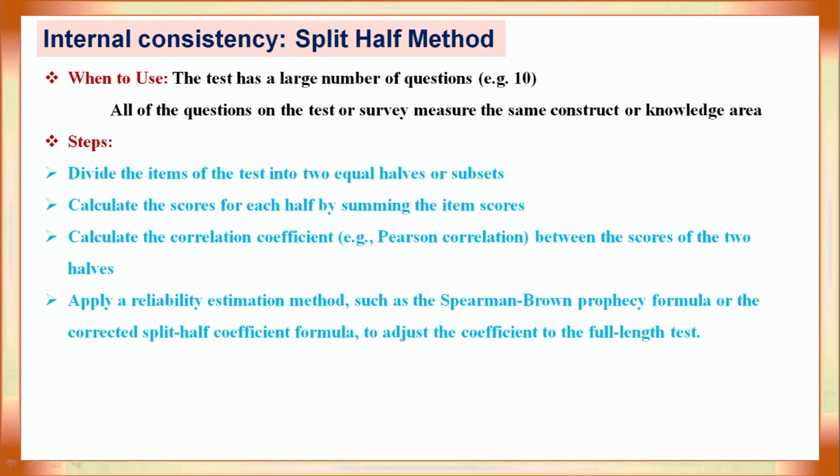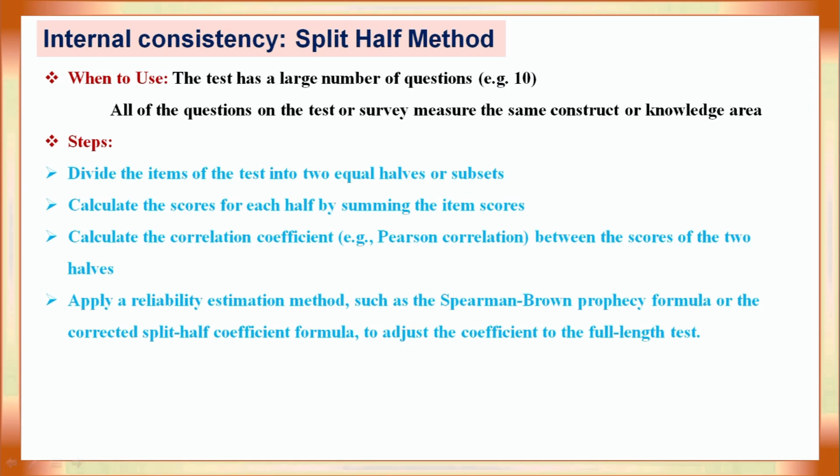Secondly, all the items or questions in a survey or measuring instrument must measure the same construct or knowledge area. If the construct is multidimensional in nature, meaning there are clear-cut different aspects of the concept, then the split half method may not be well suited.